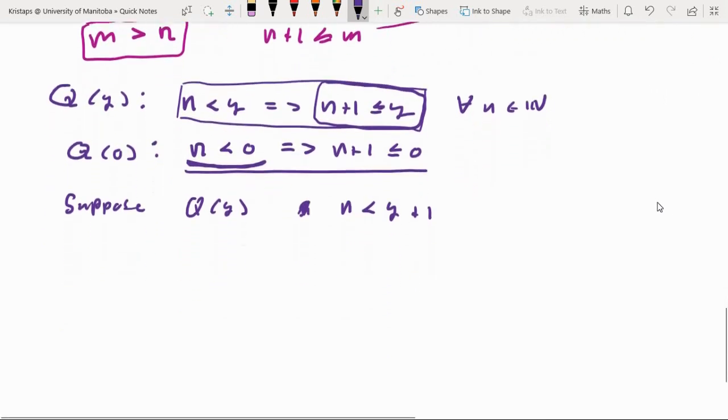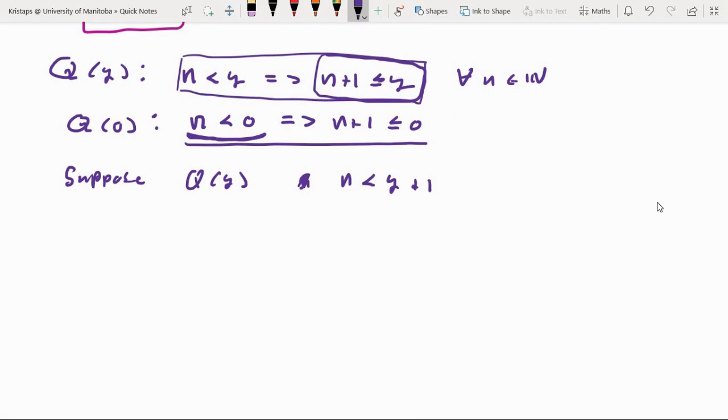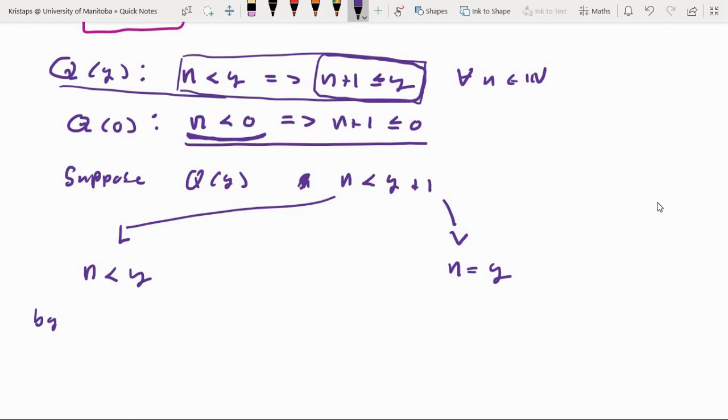So again, by applying the lemma from the previous video, there's really two cases that can occur if n is strictly less than y plus 1. Either it's the case that n is less than y, or it's the case that n is equal to y. Well, if n is less than y, then by applying the induction hypothesis, that is the statement for Q at y, that implies that n plus 1 is less than or equal to y.